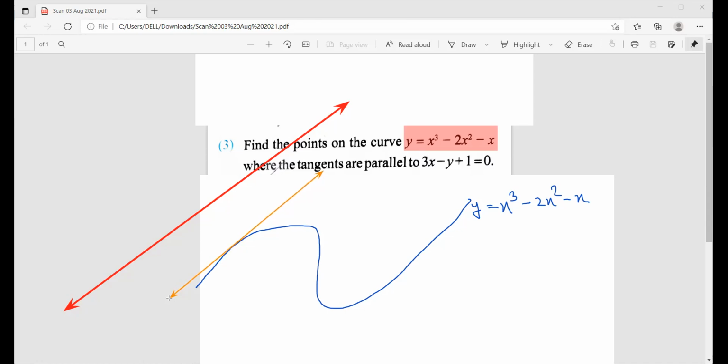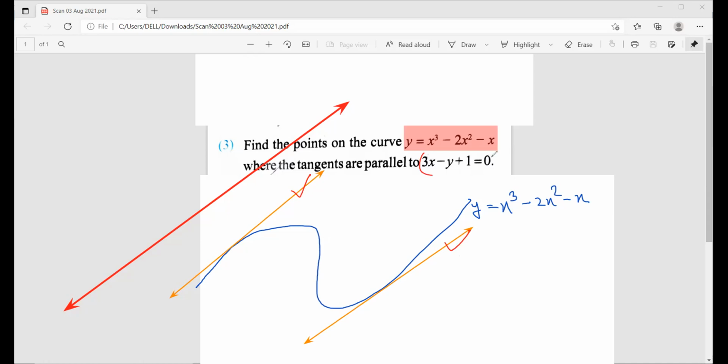So see, this is one tangent. And then there is one more tangent. What's happening? Both the tangents you drew, this tangent and this tangent, are both parallel to the given line.